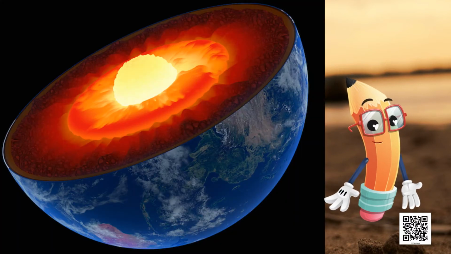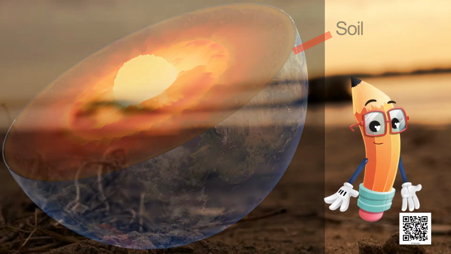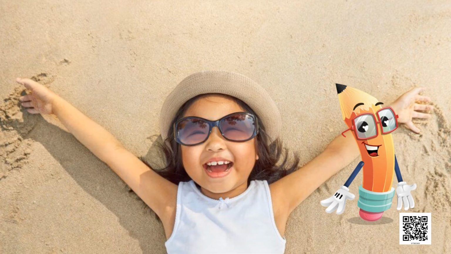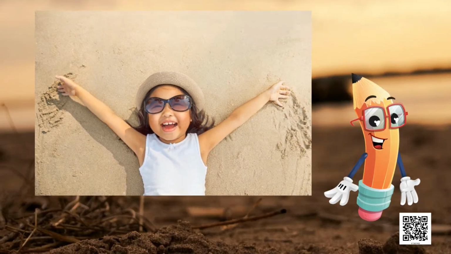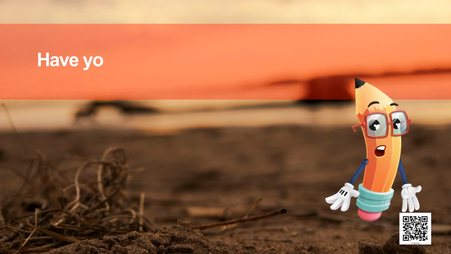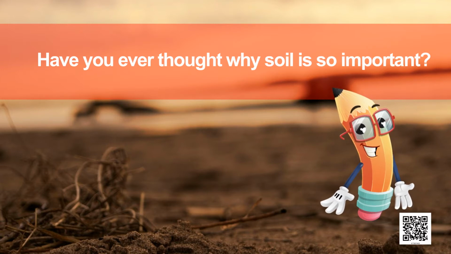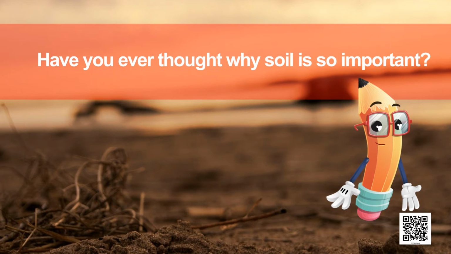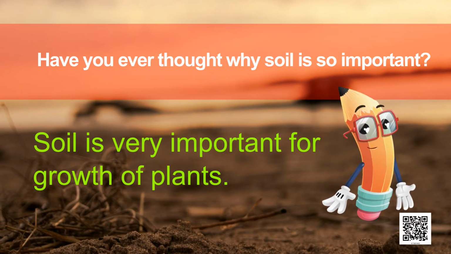Soil is the uppermost layer of Earth's crust, and it is essential for the existence of life on the earth. Have you ever thought why soil is so important? Yes, we all know that it is very important for growth of plants.